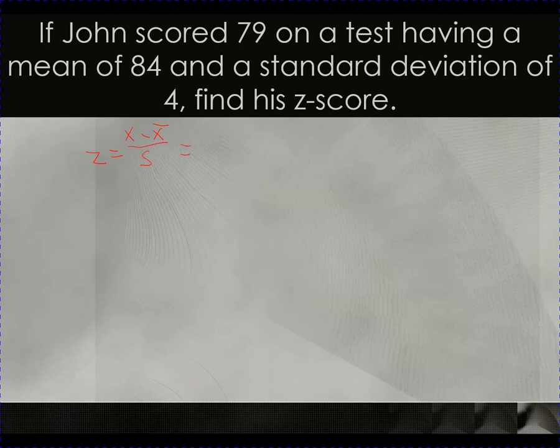So we have his score minus the mean, divided by the standard deviation of 4. 79 minus 84 is negative 5, over 4, and we get negative 1.25. So he was 1.25 standard deviations lower than the mean. An important idea here: negative means your score is lower than the mean, and in the previous example with Mary, hers was positive, so it was higher than the mean score. And so that's the idea of Z-score.